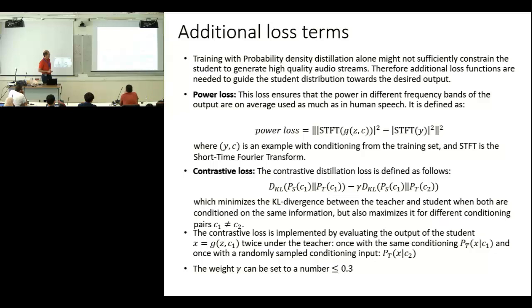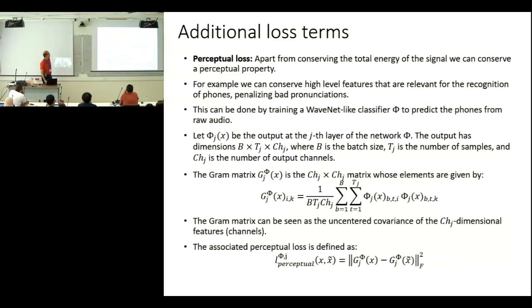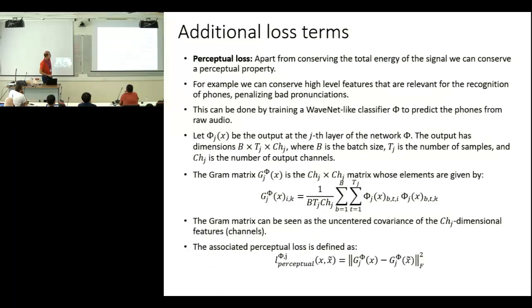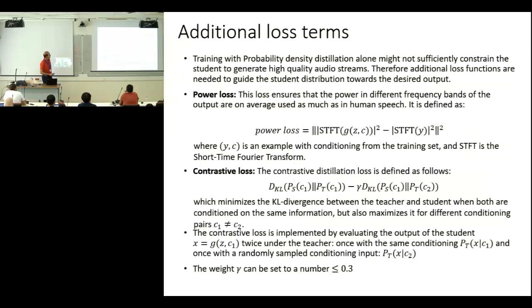We also have the contrastive loss and the perceptual loss. However, these two additional loss terms are quite complicated to compute, and they are not as important as the power loss, which is very simple to compute.